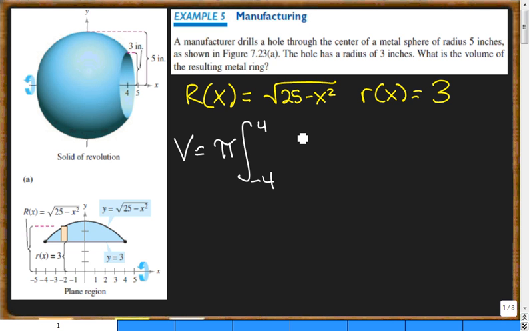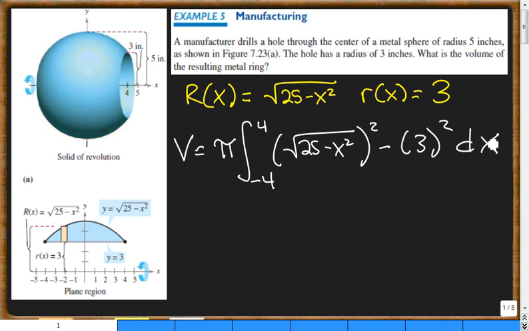Now we plug in the rest. We've got our outer radius, which is the square root of 25 minus x squared. We have to square that, and then we subtract 3 squared. And we do this with respect to x. Let's continue to simplify.